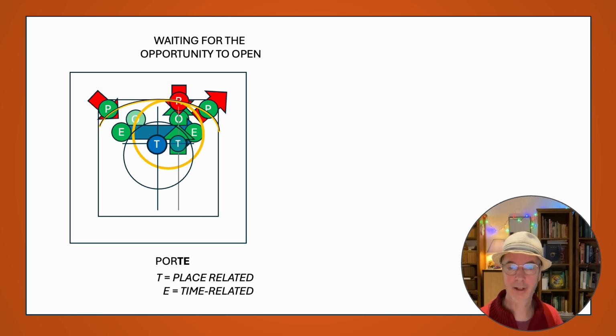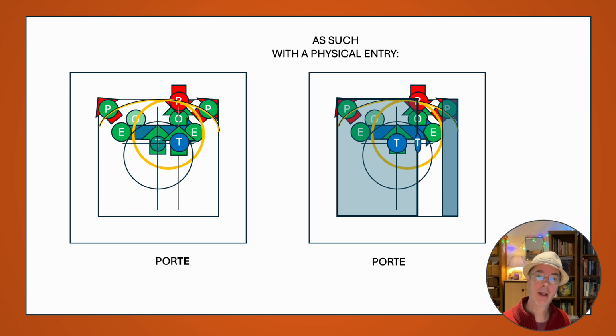There's a certain timing involved. E is about timing, O is about timing, P is about timing, R is connected with timing. So all of these points, which have only one position in space, which is the T, will have some move or change.